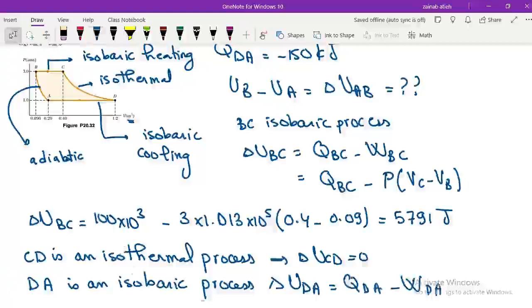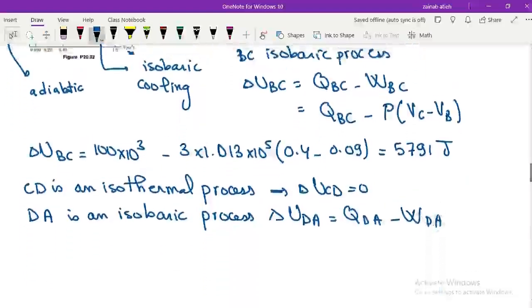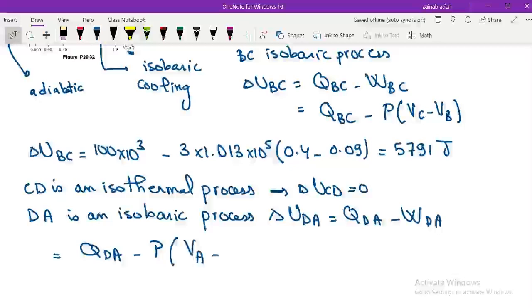Remember that the pressure is constant. It's equal to QdA minus P, the pressure is constant, I can read it from the graph, times V final dA, I finished at A, I've started with D, final minus initial. QdA was already given, it was minus 150 times 10 to the power 3, don't forget the unit.